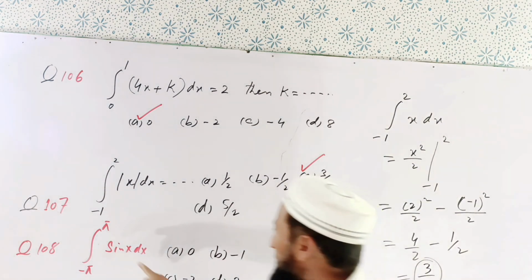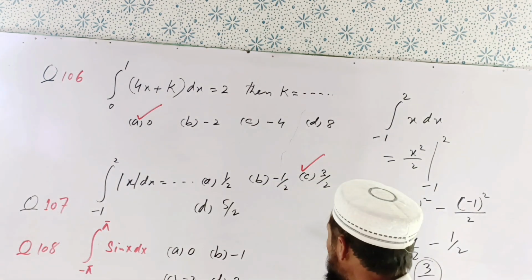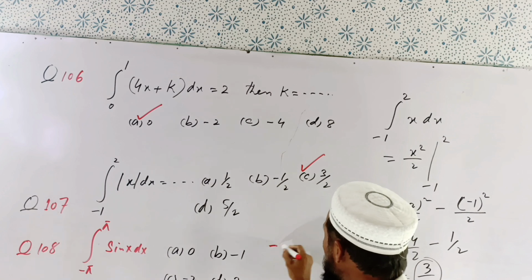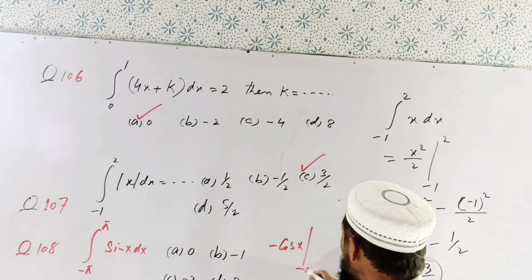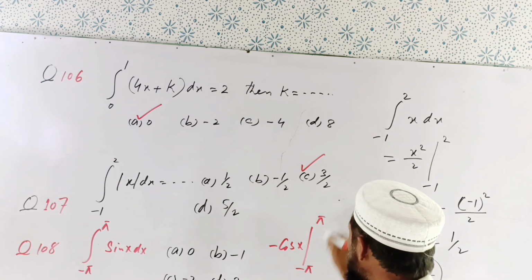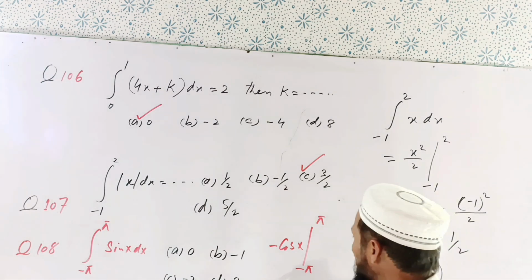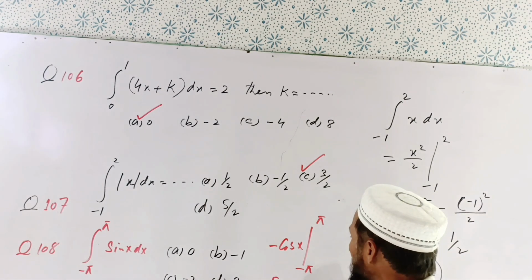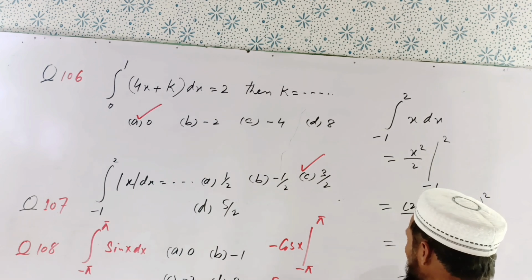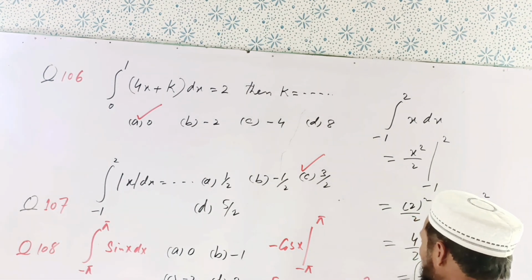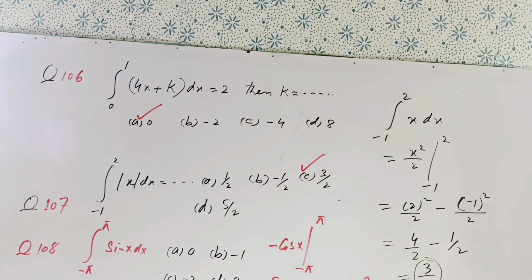Similarly, integration of sin x, we know that integration of sin x is equal to minus cos x, and the upper limit is pi and the lower limit is minus pi. So we take minus common: minus of cos pi minus cos of minus pi. So we know that cos minus theta is equal to cos theta.